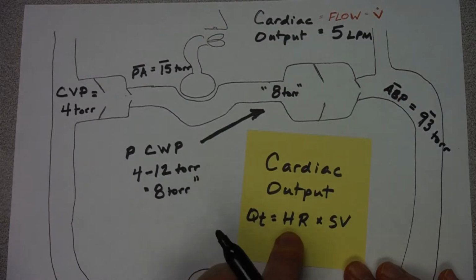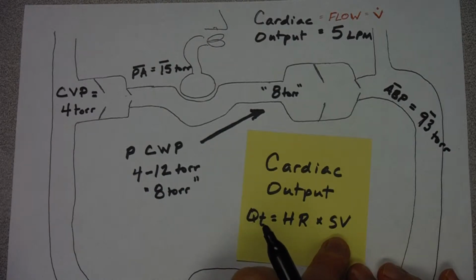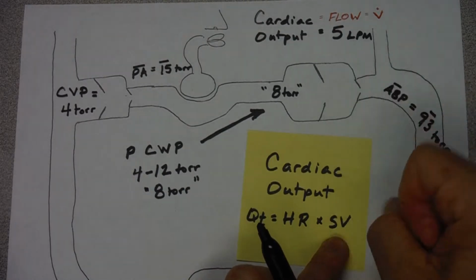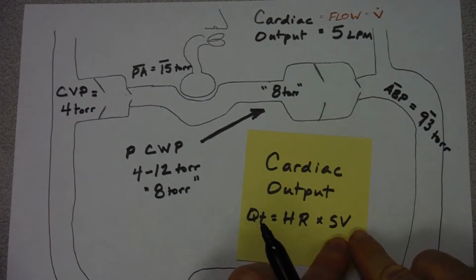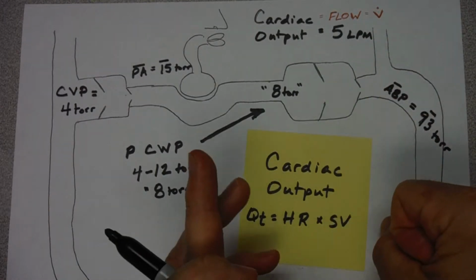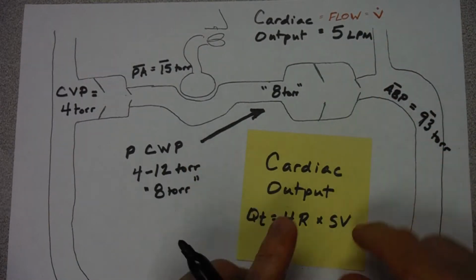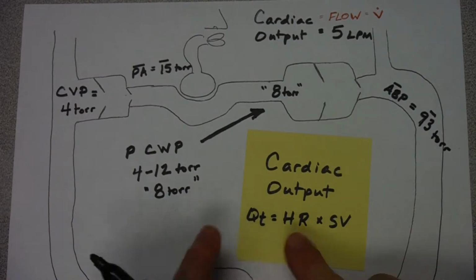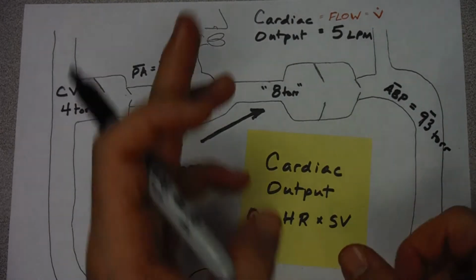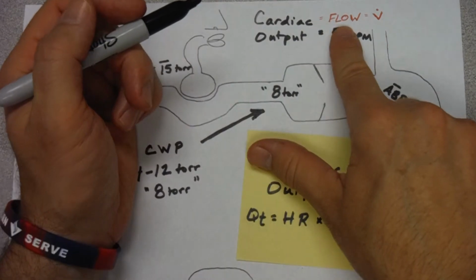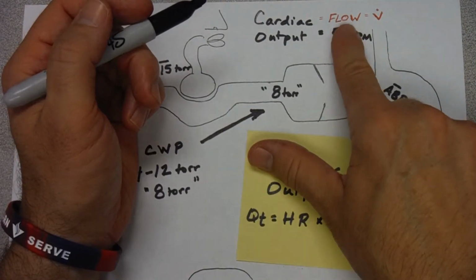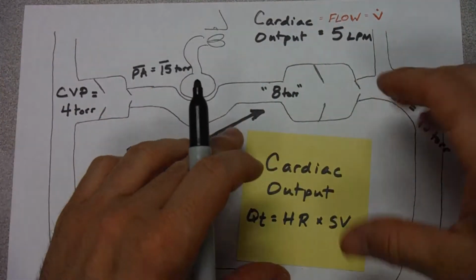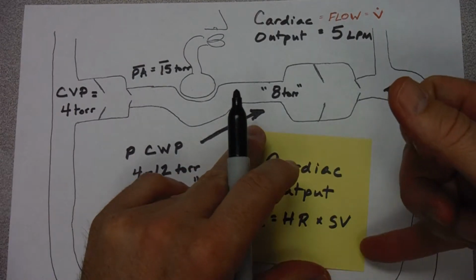I can determine that amount by counting the patient's heart rate and then multiplying that by the amount of volume that comes out at each contraction, which is called stroke volume. Each stroke, there's a volume that comes out. And if I can measure that volume, multiply it by the heart rate, then I can determine the cardiac output. Cardiac output's important because we're going to use that as our flow. And flow is needed, as you see from the vascular resistance equations that we're going to be looking at.